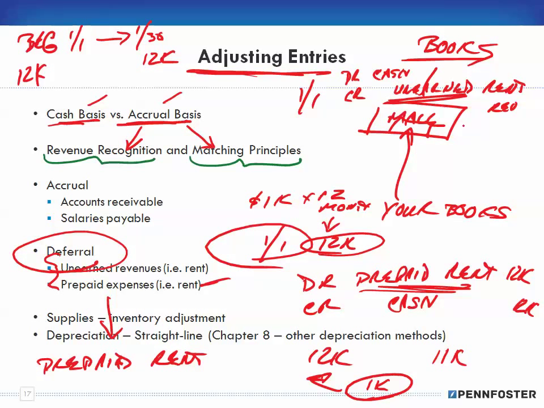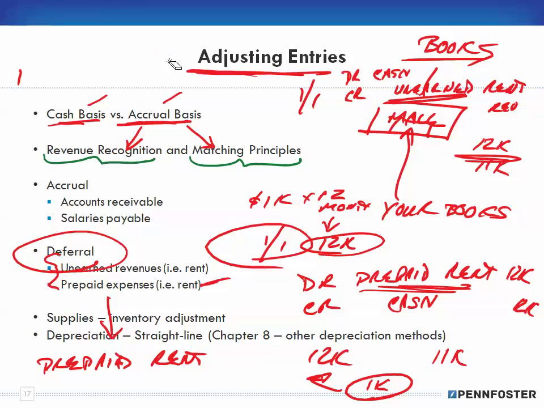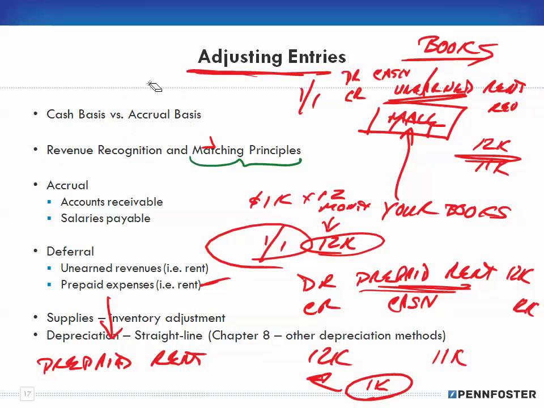Okay, so their books show the unearned rent revenue as being 12,000, when in reality it should only be 11,000 because of the $1,000 in rent being used. So they have to make the adjusting entry for that. Okay, so that's what the deferrals look like for the adjusting entry.